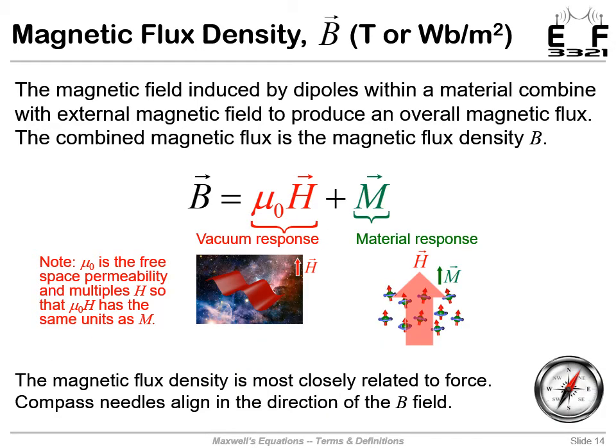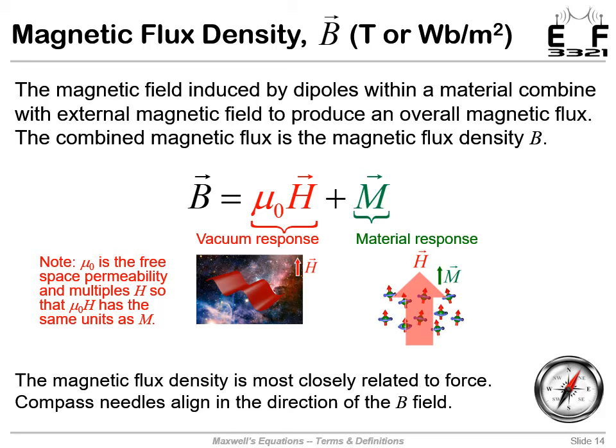Now along comes the magnetic flux density B, which has units of Tesla or Webers per meter squared. If there was such a thing as magnetic charge, it would be a Weber. So the magnetic flux is most closely related to force. And later on, when we talk about forces put on current carrying wires and loops, we will do that through the magnetic flux density B. A compass needle, for example, points in the direction of the B field.